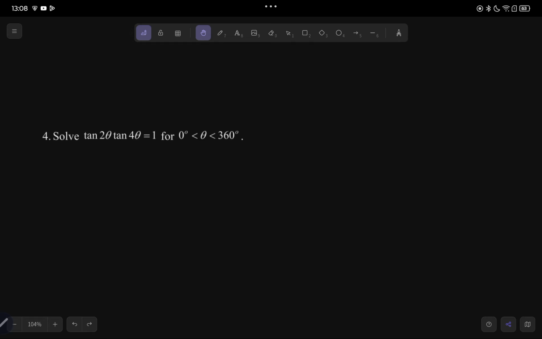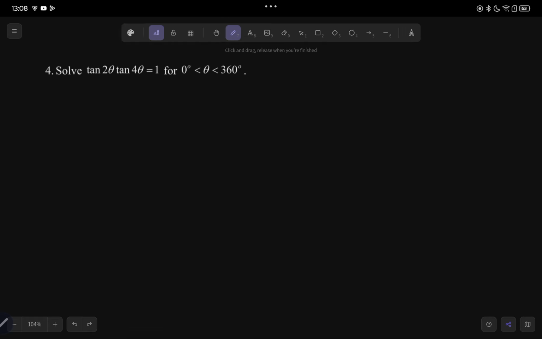Question number 4 says solve tan 2 theta tan 4 theta is equal to 1. Again, here we have to struggle to make them have the same angle. So 2 theta and 4 theta, we can easily turn 4 theta to 2 theta.